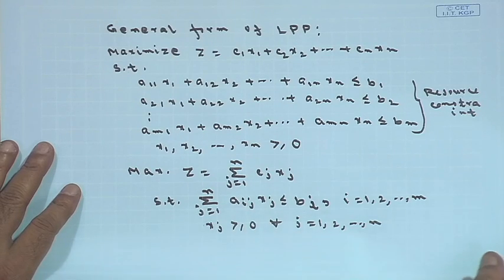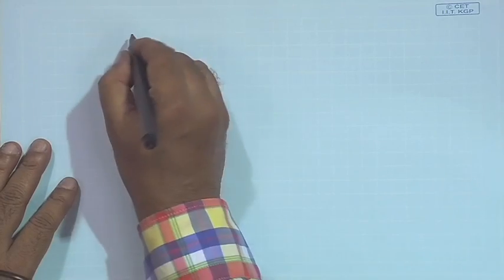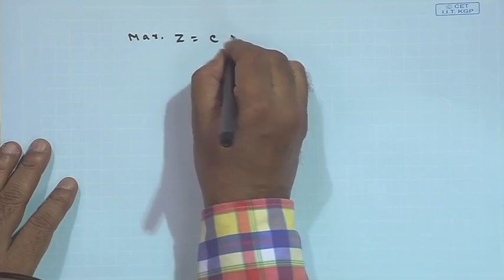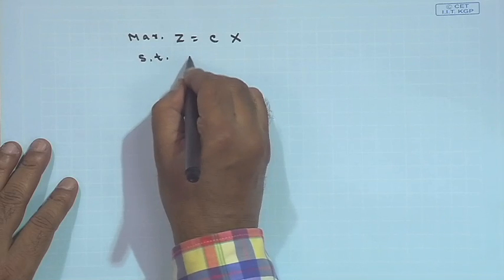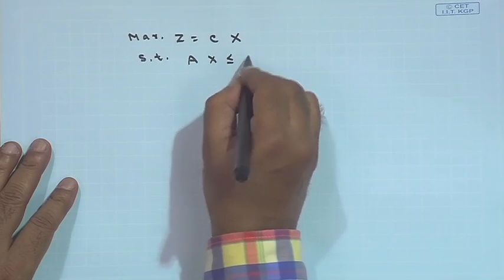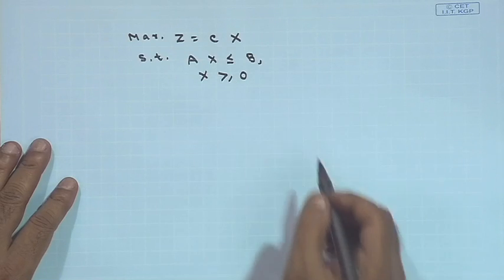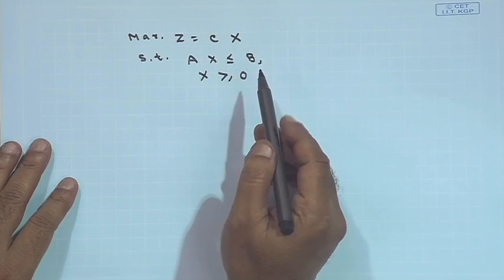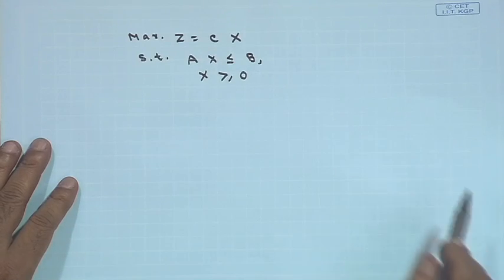This again we can write in the matrix notation also, which becomes much easier to represent. Maximize Z equals, we are writing it as Cx, subject to Ax less than equals B and x greater than equals 0, where C, x, A, B are all vectors. I can represent it from there.